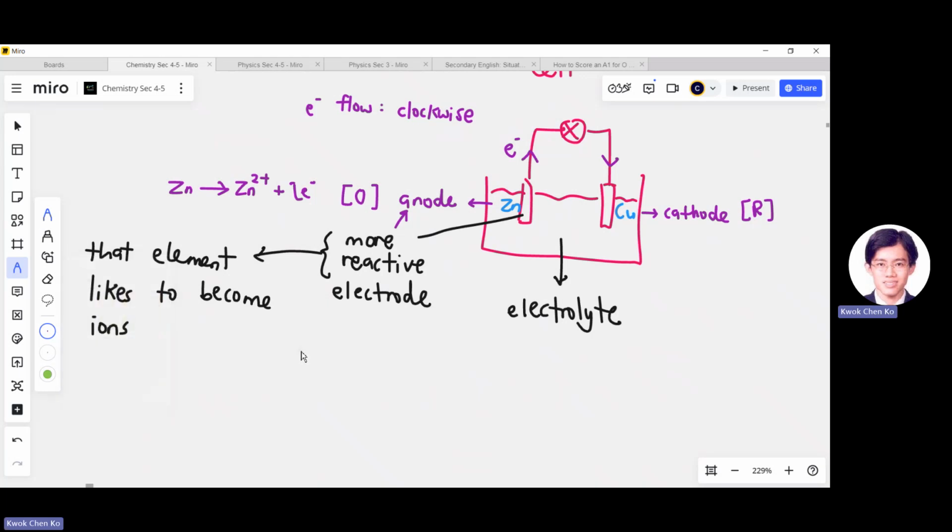And since all of you study physics here, your current flow, I stands for current, is in the opposite direction. So current will be anti-clockwise.